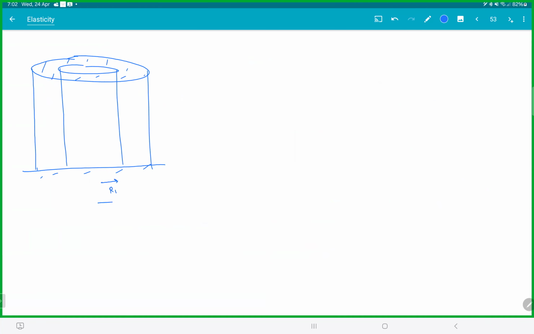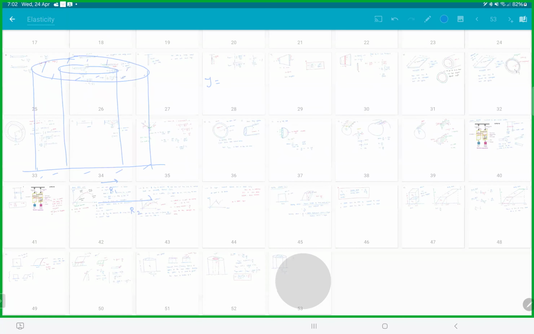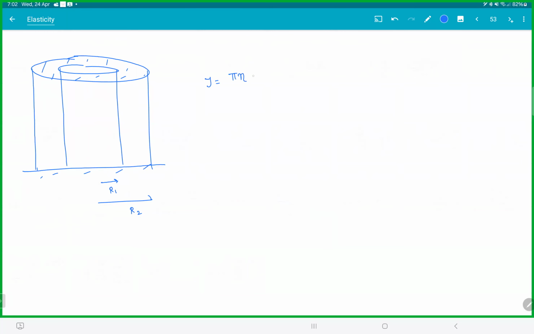If this is R1 and this is R2, then the torque would have been pi eta R2 power 4 minus R1 power 4 theta by 12. That would be the difference. We can write torque is equal to I alpha.